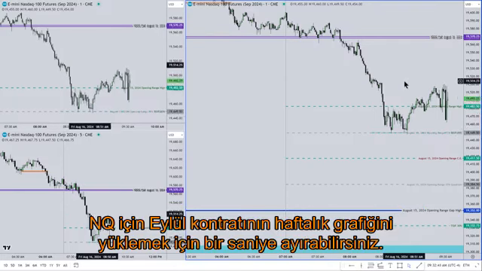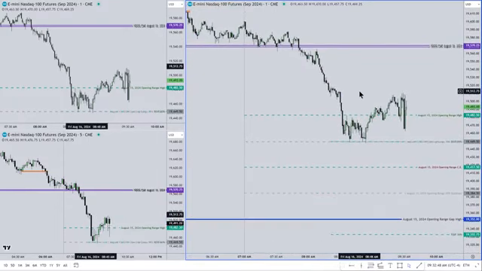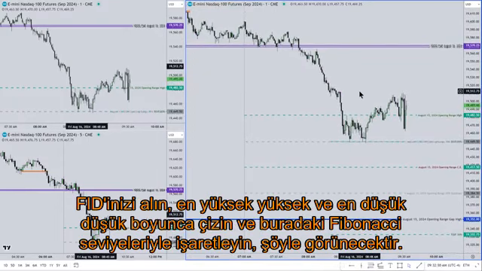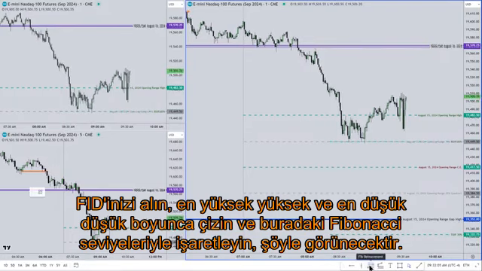Okay, and you can take a second and load up your weekly chart for NQ for September's contract. Take your fib, draw it across the highest high and the lowest low, and mark it with the Fibonacci levels here.